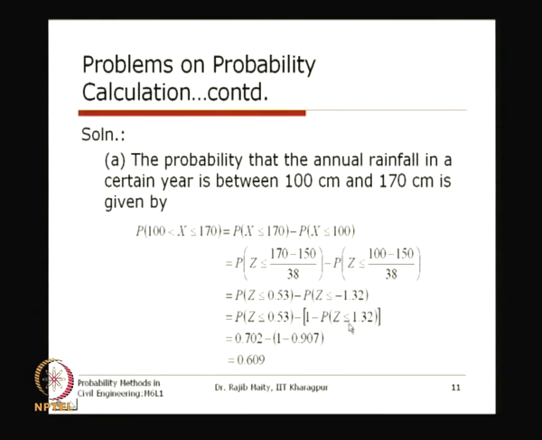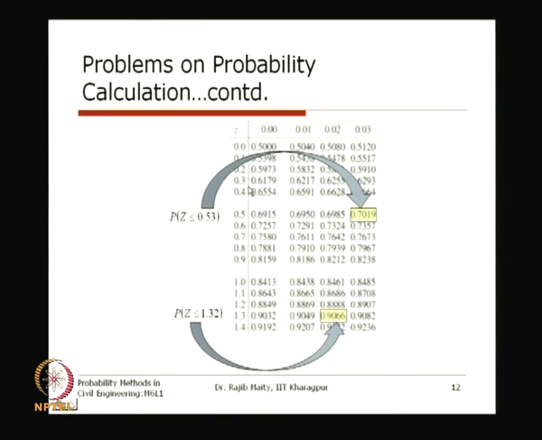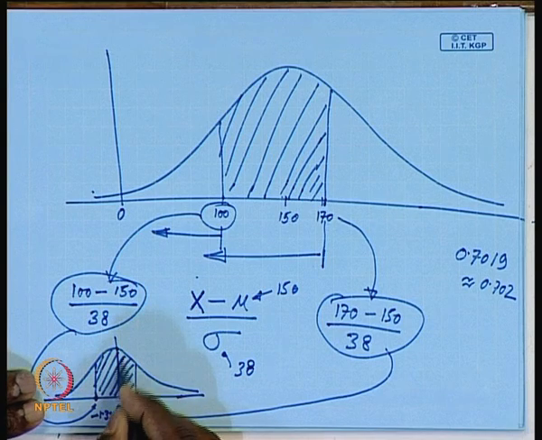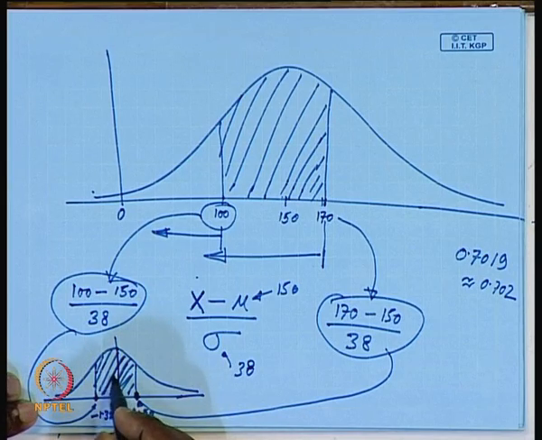So now that 1.32 value is also known from this table, that is, Z is 1.3 and the second decimal is 2, which is 0.9066. So that 0.9066 is approximately 0.907. So this we calculate, and we are getting the total area as 0.609. So what is this total area that we are getting here from this reduced variate?